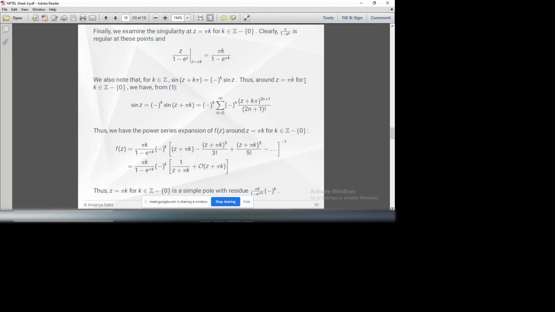So around z equal to minus pi k for k not equal to 0, we have sin z is minus 1 to the power k sin of z plus pi k. This follows from this periodicity property, and then we will simply use the series expansion for sin of z plus pi k.